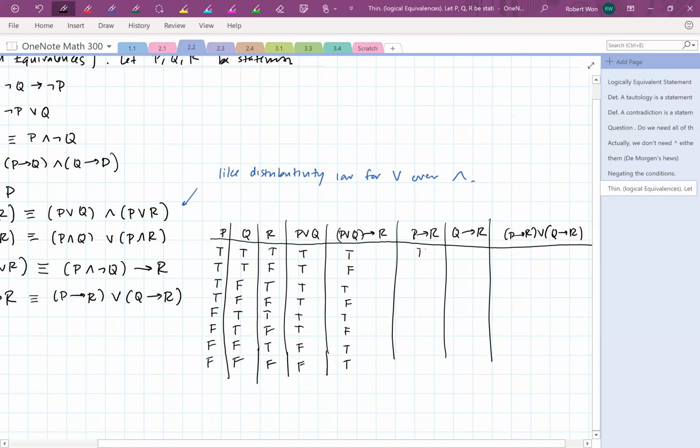So that happens in the second case, in the fourth case. Otherwise, it's true. And Q implies R is false only if Q is true and R is false, which happens in the second case, in the 6th case, and that's it.